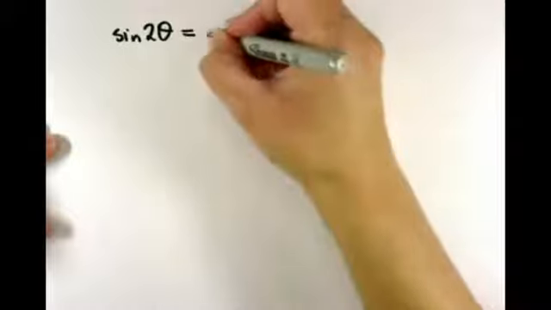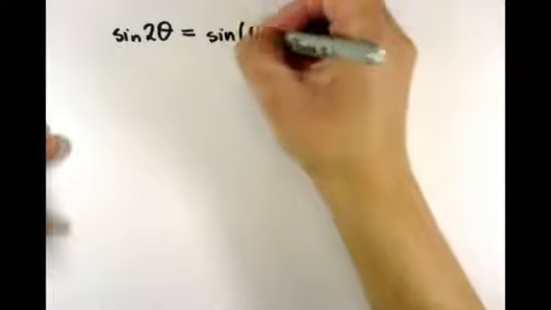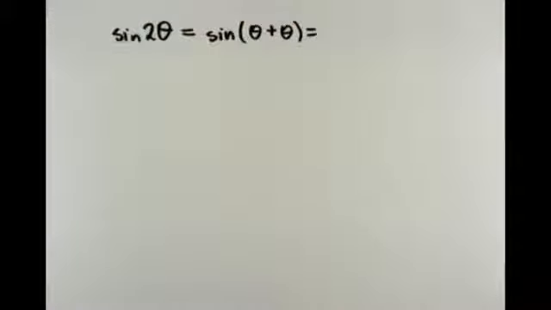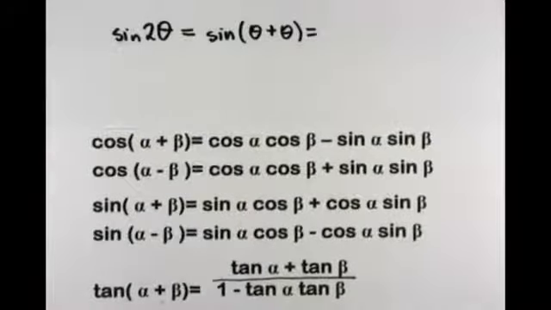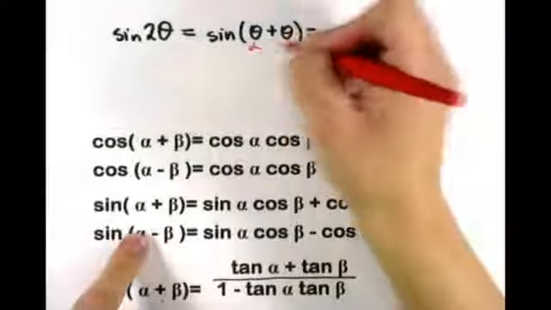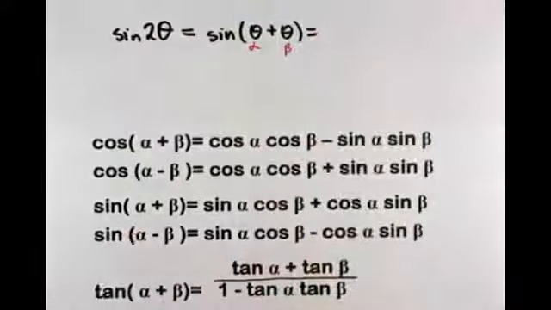Sine 2 theta. Okay? We can use the formula that we learned before, considering that sine 2 theta is nothing else but sine theta plus theta. And then if we apply the sum formulae, we can clearly see that sine alpha plus beta, one of my angles is alpha, one would be beta, and I can apply this sine alpha plus beta formula.